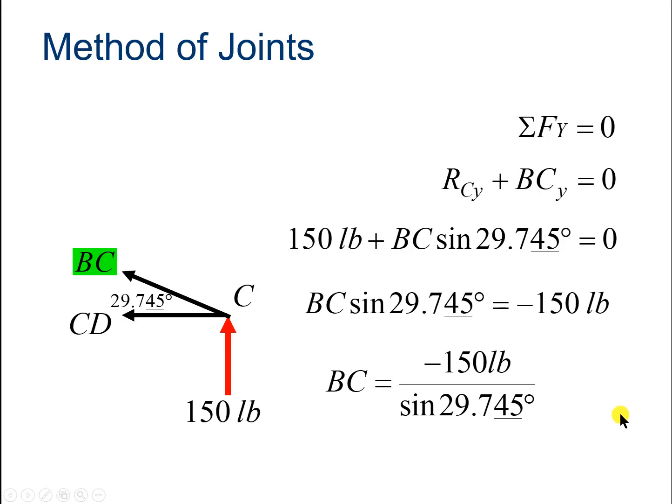And then we can do the arithmetic and get minus 302. And as you might have expected, BC is also going to be in compression, as was the comparable one on the other side. So that's in compression, 302 pounds. So our member in here had better be able to withstand at least 302 pounds, probably much more for margin, and it'll be in compression. So it should be designed in, say, a cross-section of the steel member so that it's optimized for compression.